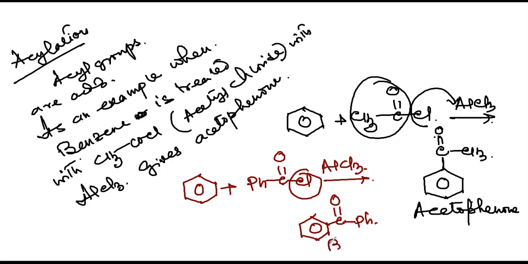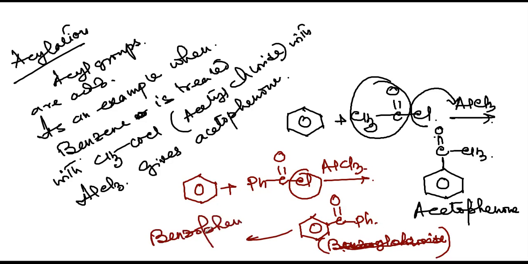This is known as benzoyl chloride. Always remember, sorry, this benzoyl chloride is this one. This product is known as benzophenone. So these are the acylation reactions.